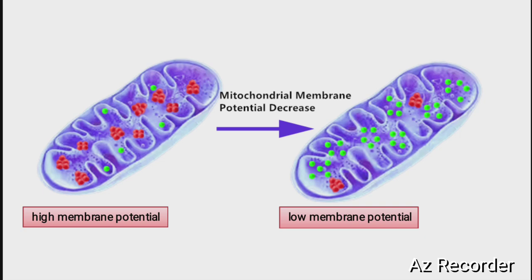JC-1 and TMRE, that is tetramethylrhodamine ethyl ester, are fluorescent dyes.